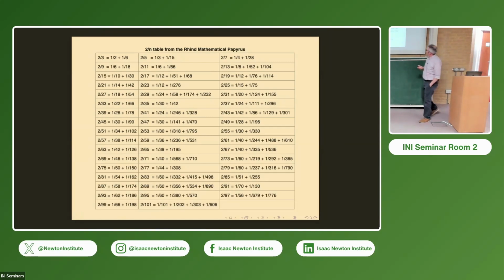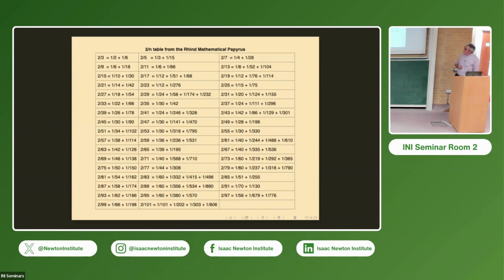So there's various different ways of looking at this. It's often described as a table of duplications of unit fractions with odd denominators, because it stretches all the way from 2/3 down to 2/101.